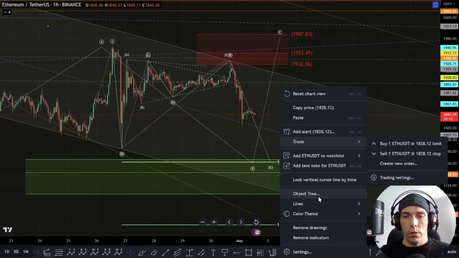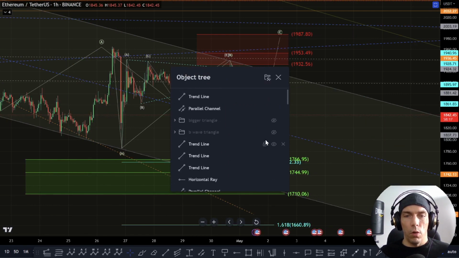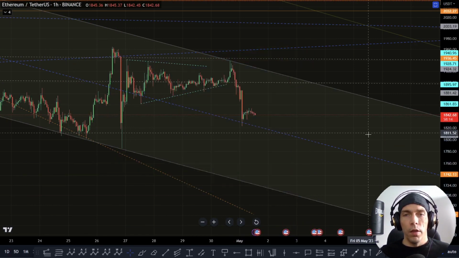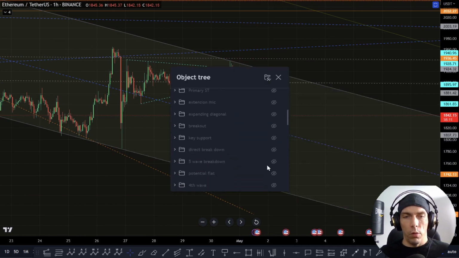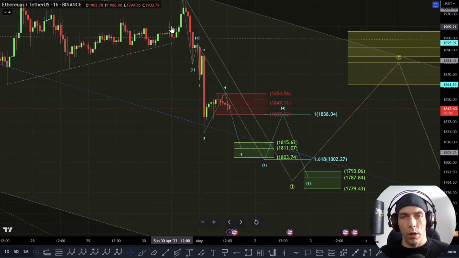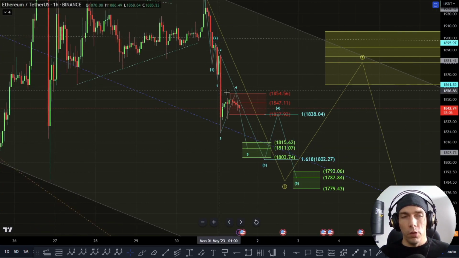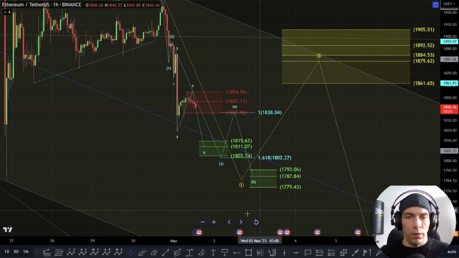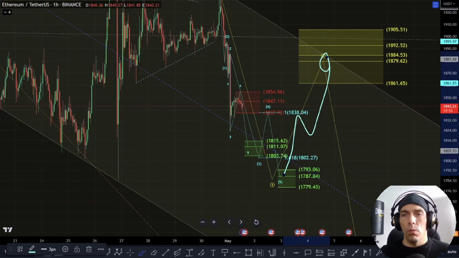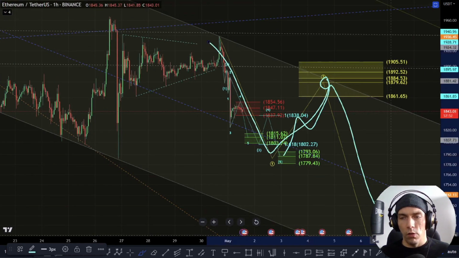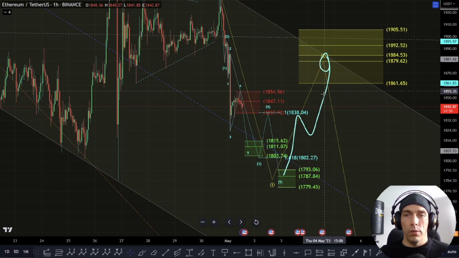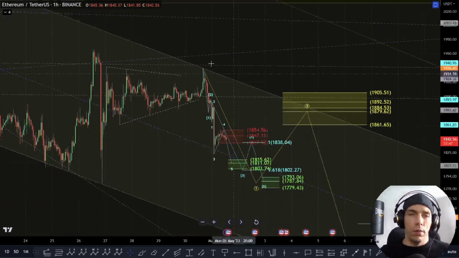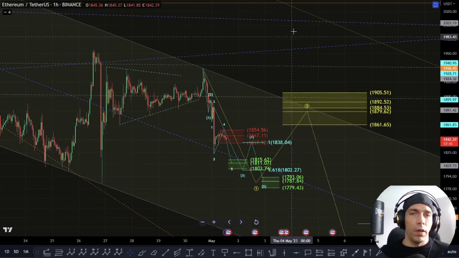But for as long as we continue to follow this 5-wave structure that we've got marked out here to the downside, which is looking for an additional 4th and a 5th, if we do break down into the 1793 area to the 1779 area, we're going to have to just watch that retracement up. 3 waves up would mean potential continuation to the downside. 5 waves up would then give us the potential for a bigger flat correction here, which would look to take this high again.